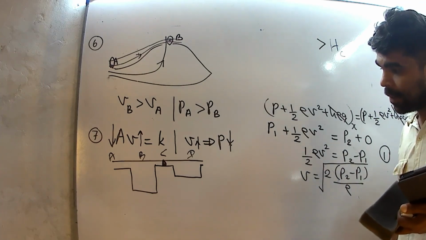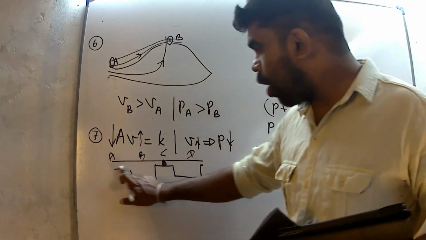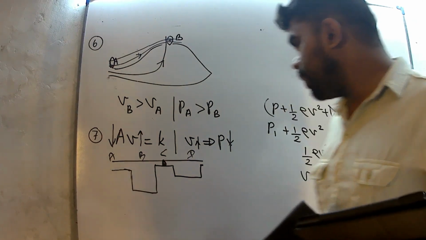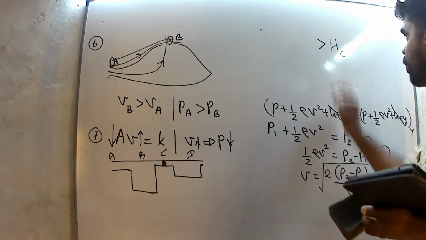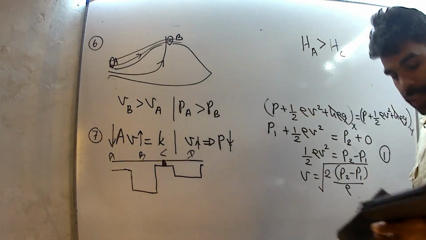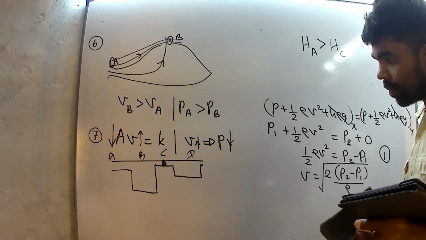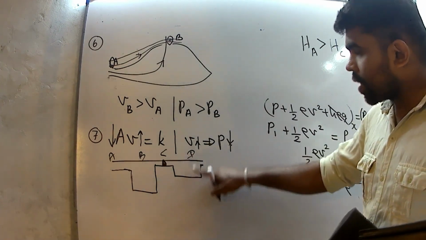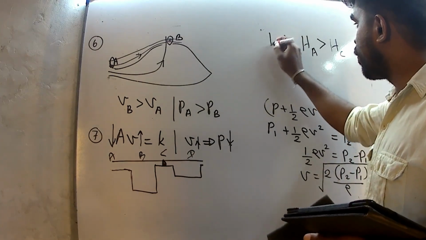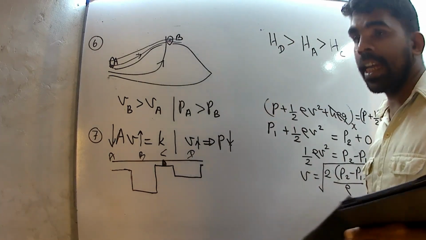And then the cross-sectional area of part A is greater than C. Therefore, HA is greater than HC. The cross-sectional area of D is greater than A. Therefore, HD is greater than HA.